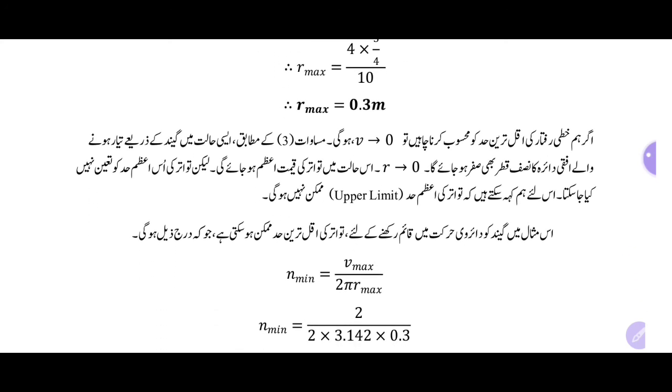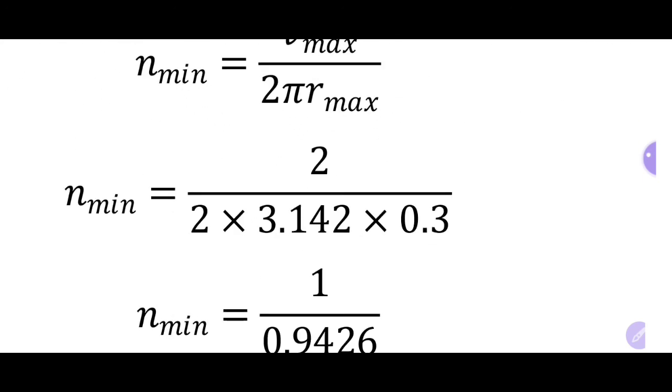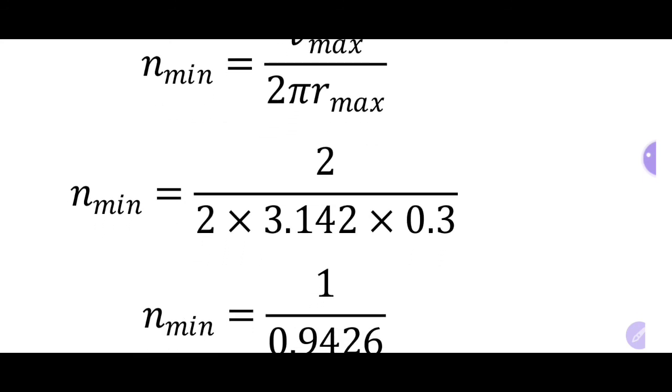Now we can calculate the minimum possible frequency in this problem, and for that purpose we can take n minimum is equal to maximum velocity divided by the maximum possible circumference. Putting all these values, n minimum is equal to 2 upon 2 into 3.142 into 0.3.